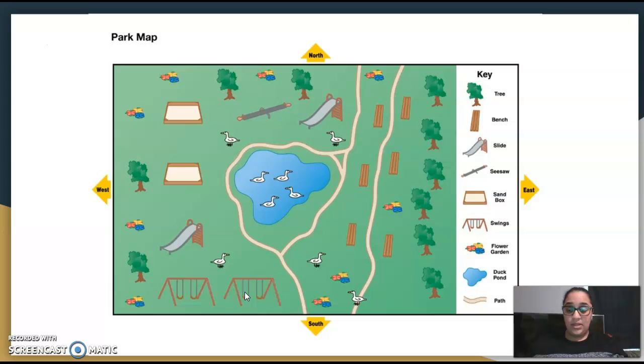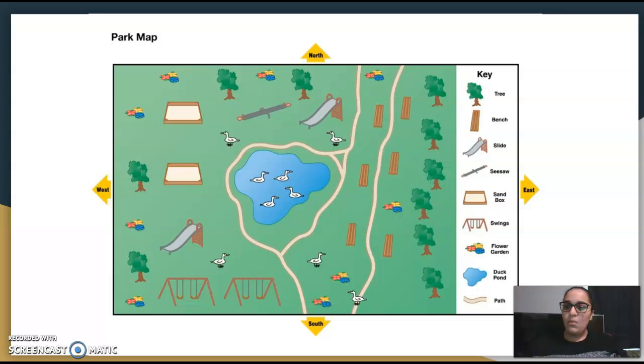So, look at this park map. Now, this is a map that I think we all can be really familiar with. One, we have our cardinal directions: north, east, south, and west.